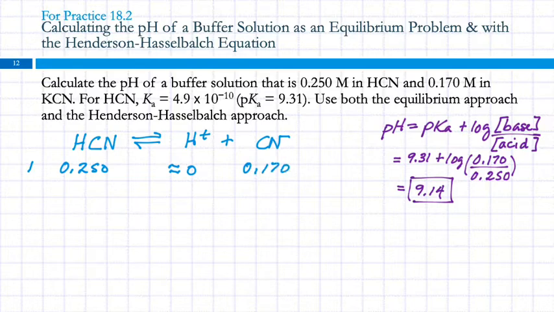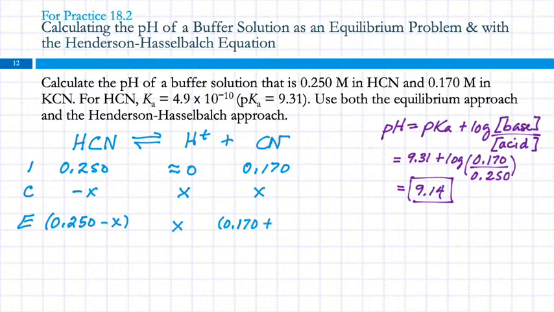And so then we look at how this is going to change. This is going to decrease by X, increase by X, increase by X. So at equilibrium, we have 0.250 minus X, we have X, and we have 0.170 plus X.